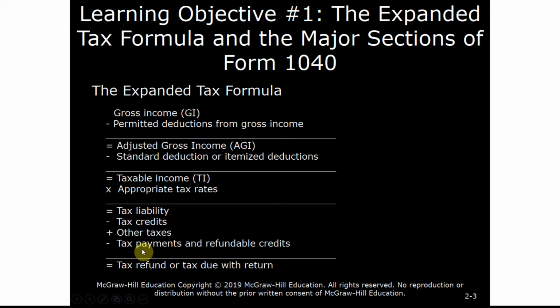And the tax payments often come for earned income in the form of withholding during the year from our paychecks. If it turns out our tax liability is greater than the amount we've paid in adjusted for other taxes and tax credits, then we will owe money, and if the amount we've paid in adjusted for other taxes and credits is greater than our tax liability, we'll have a refund.